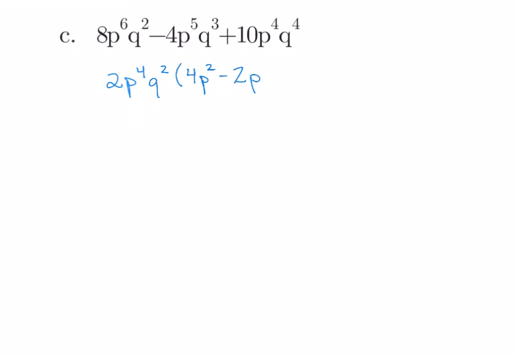Q cubed, if I factor out q squared, I am left with q. And so we have minus 2pq. Plus, last term, 10 divided by 2 is 5. P to the 4th, we factored out the whole p to the 4th, so we don't have any p's left. And q to the 4th, if I factor out 2 of them, I am left with q squared.